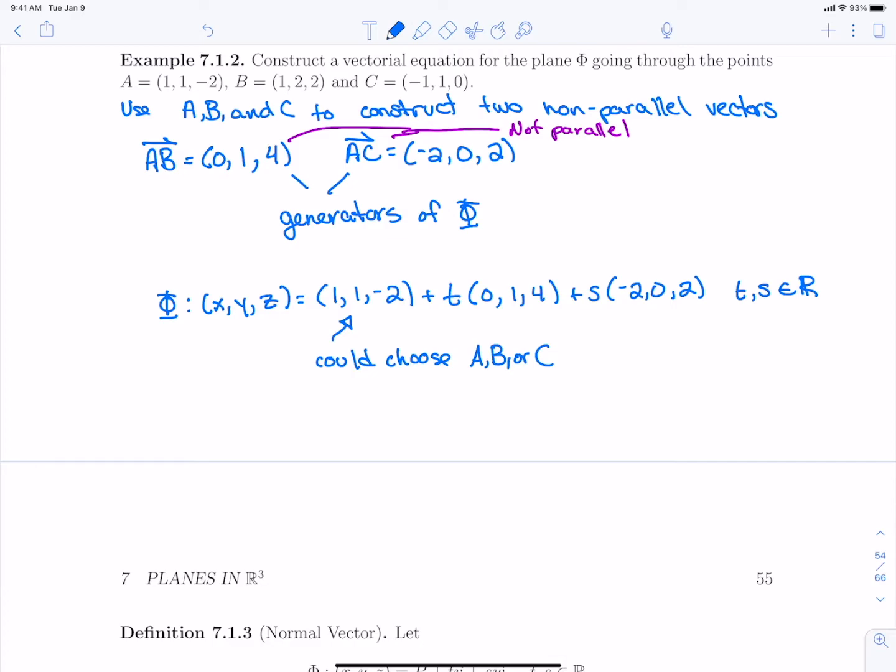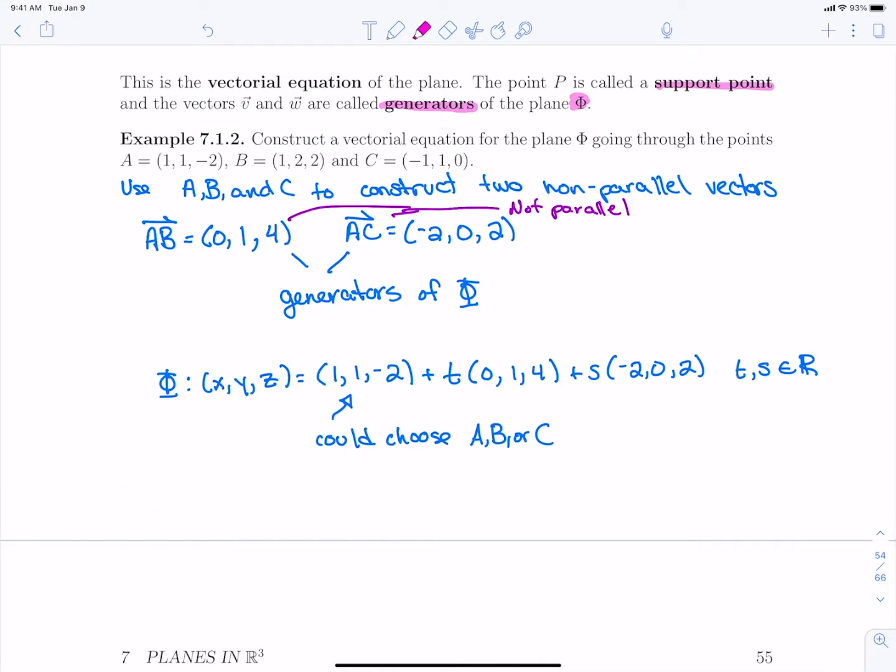When I formed AB and AC, I could have actually formed BA and CA, and those two would have also been generators. So there's more than one way to accomplish this problem. And what we would find is that we would get a vectorial equation for the plane that looked different, but it would be equivalent.